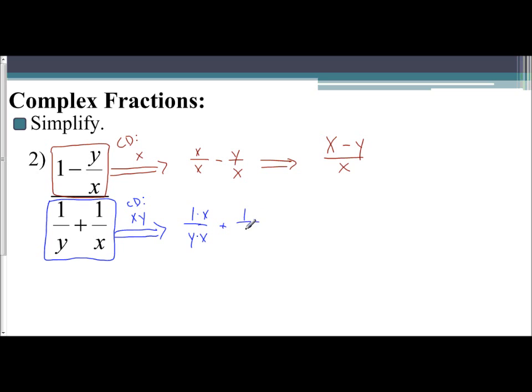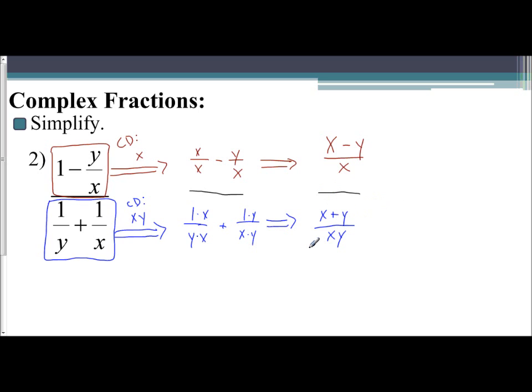This 1 over x, I need to multiply the top and the bottom by my y. 1 times x is just x, 1 times y is just y, so I have x plus y in the top and xy in the bottom. Again, though we didn't write it, these are actually your complex fractions.